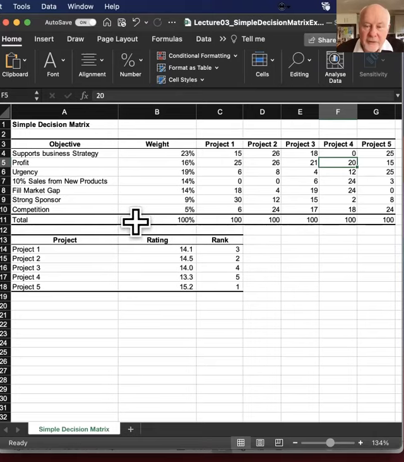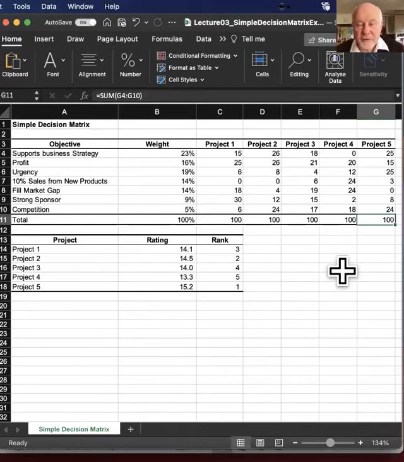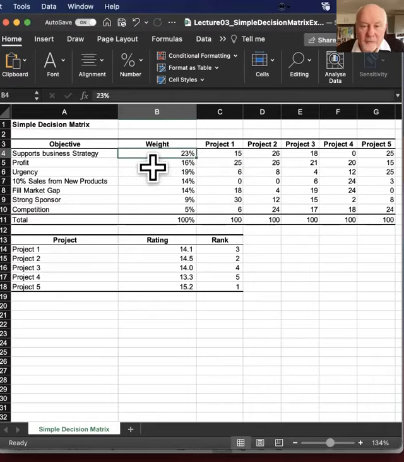You'll see here that the weightings add up to 100%, or 1, and the ratings here all add up to 100. This is generally a fairly good way of going about this if you're using the simple model. When you're working out the weightings, you just say, look, we've got 100% to distribute between the objectives.